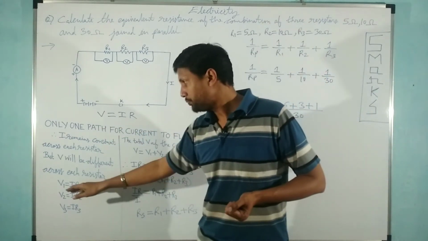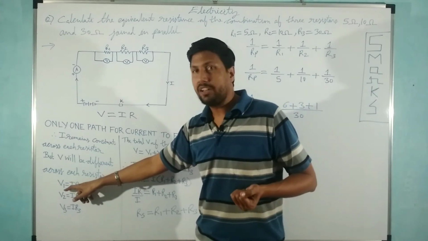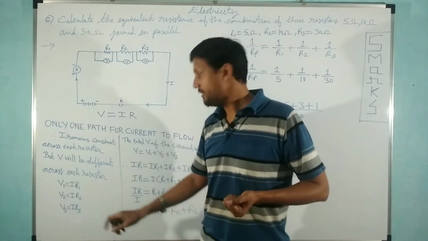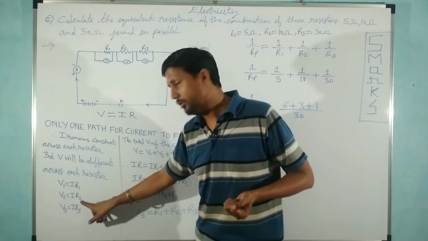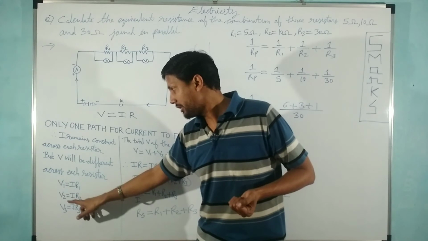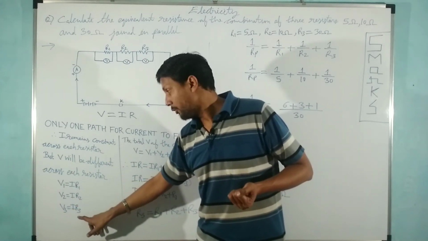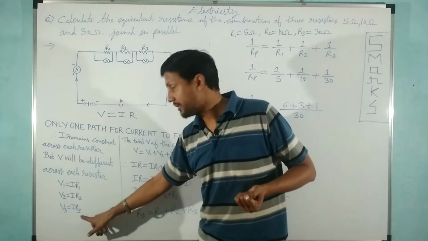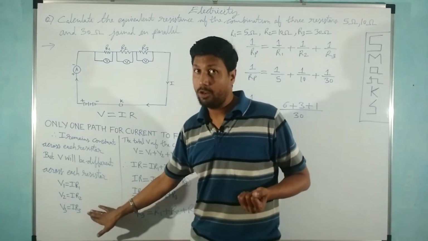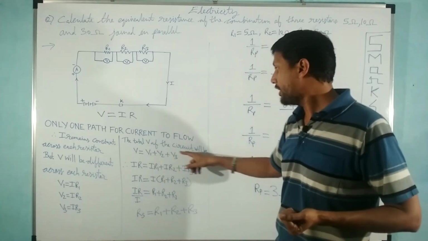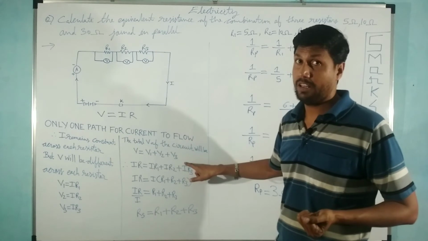Now, dear friends, according to Ohm's law, how can we get the potential difference across R1? V1 is equal to IR1. Similarly, across R2 the potential difference will be V2 is equal to IR2, and the voltage across R3, that is resistance 3, will be V3 is equal to IR3. This is also by Ohm's law. Now, the total voltage of the circuit will be V is equal to V1 plus V2 plus V3.